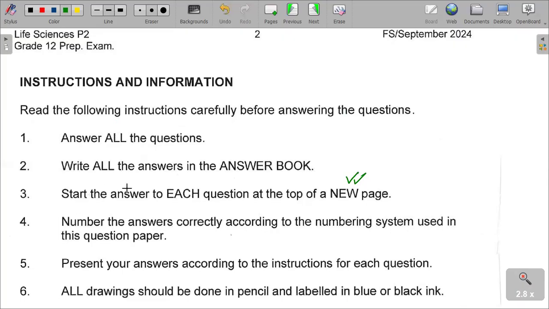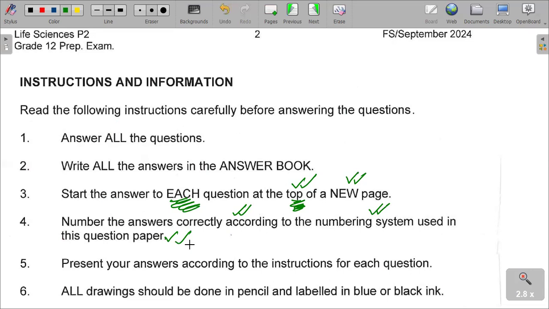Please take note of that. Each question must start at the top of a new page, and then number the answers correctly according to the numbering system used in this paper. This is a very serious instruction.